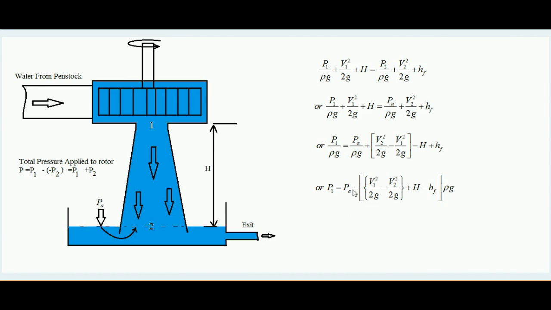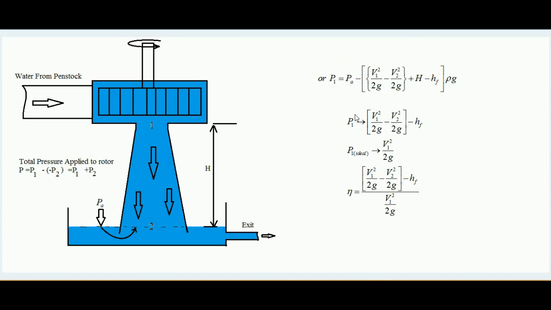So moreover the pressure at point 1 will depend upon how much less the V2 is and how much less the HF is. So P1, the pressure at point 1, will greatly depend upon V1 square by 2g minus V2 square by 2g minus HF. Since V1 is constant, it greatly depends upon V2 and HF.